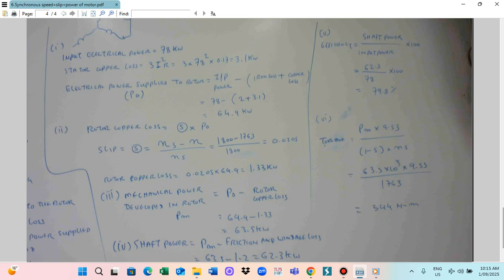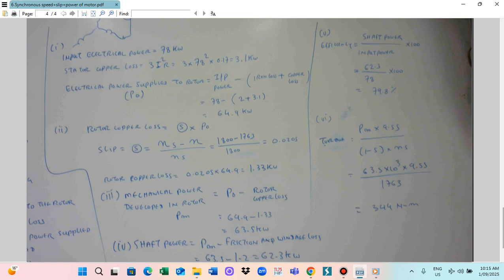And so the final step, we need to calculate the efficiency. The shaft power is 62.3 kilowatt. The input electrical power is 78 kilowatt. So then we can calculate the efficiency. Efficiency is equal to shaft power divided by input power, multiplied by 100.